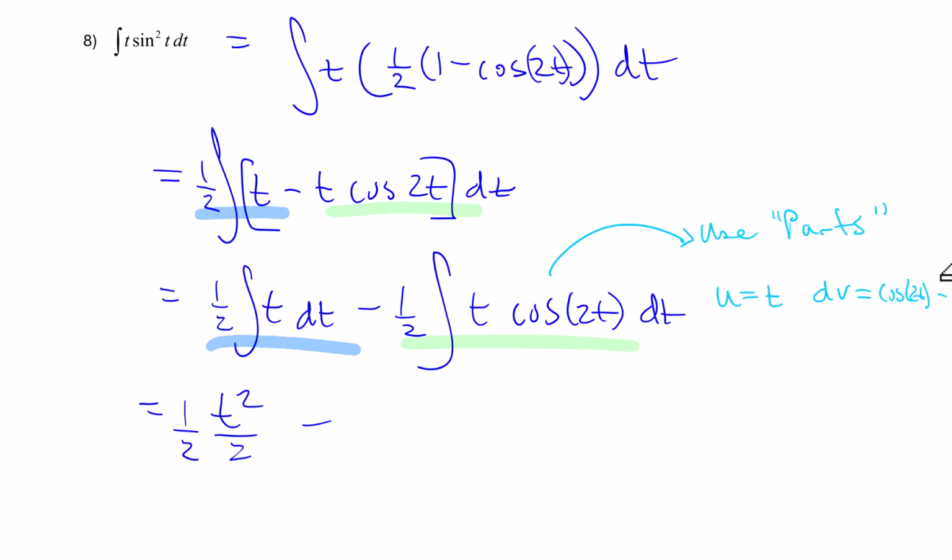You have to account for everything, but in ways that are strategic for the integration by parts method, which would mean then that du equals dt. We've seen this kind of stuff before. And then v would be, if you do the antiderivative of what dv was equal to, 1/2 sine of 2t.